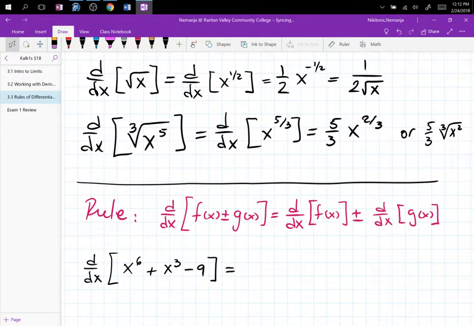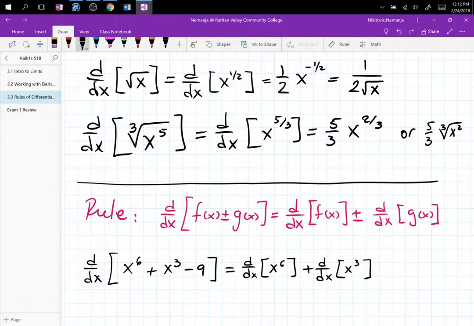Now, clearly you will just write the answer within a week, but now we are learning, so I'm going to say this is the derivative of x to the 6 separately done, plus the derivative of x cubed separately done, minus the derivative of 9. So the rule allows us to work on individual terms separately. This does not work for multiplication, but it works for addition and subtraction.